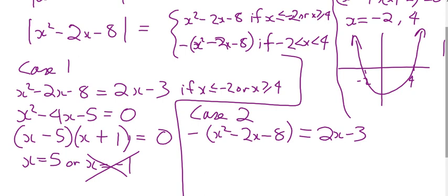The right-hand side never changes, right? It's just the absolute value side. It doesn't hurt to put this on here, right? If negative 2 is less than x less than 4. So as long as x is between negative 2 and 4, we're good. Okay, solve.